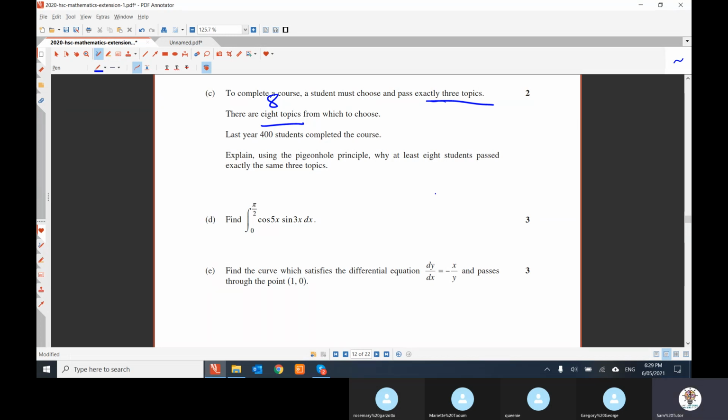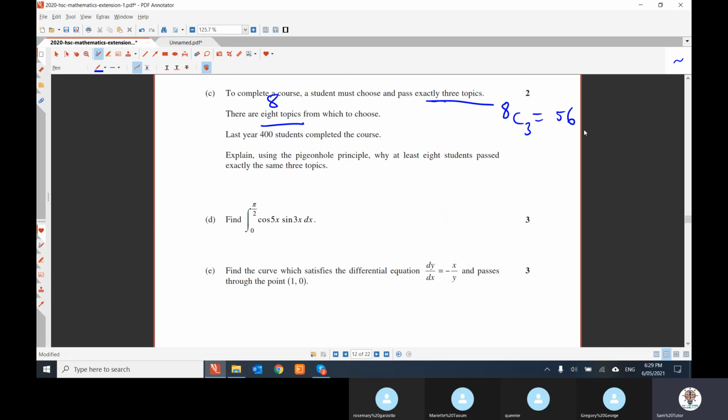Okay, so we would have done 8 choose 3. 8 different topics, you're choosing exactly 3. That can be done in 56 different ways. Last year there were 400 students that completed the course.